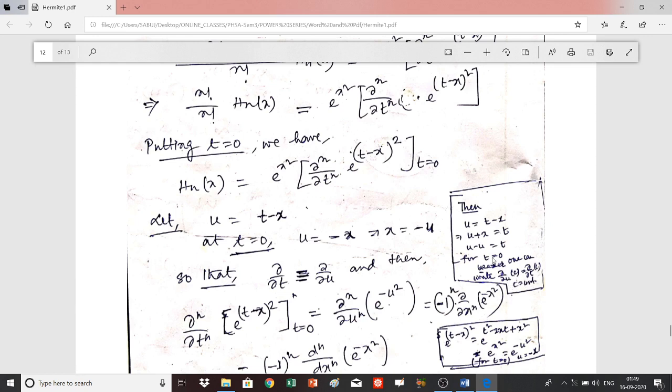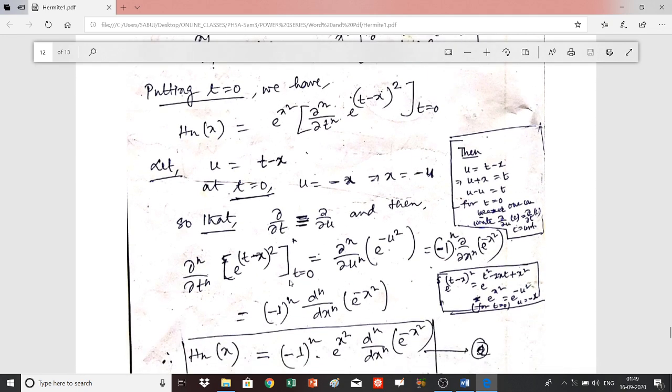So from there del u is equivalent to del t. That is written here. So the right hand side will give you the second term of the right hand side, del^n/del t^n of e to the (t minus x) whole square at t equal to 0, that is equal to del^n/del u^n of e to the power minus x square.